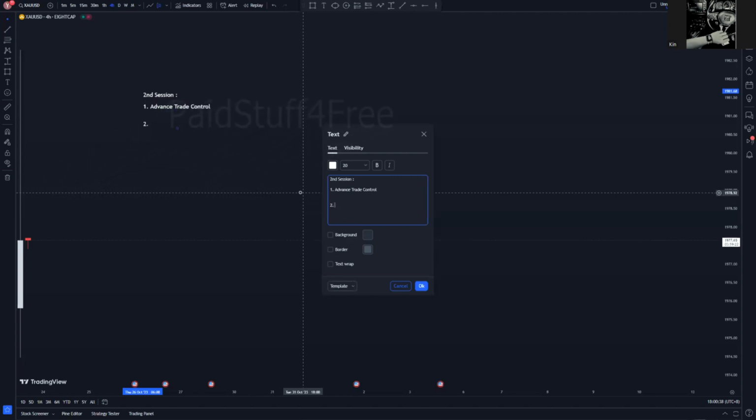The second one, we're going to learn about pullback. The third one, we're going to learn about the confirmation entry.